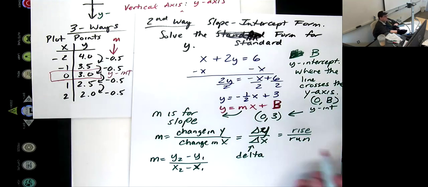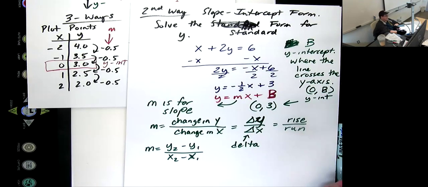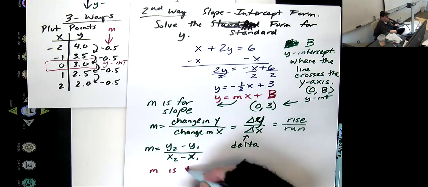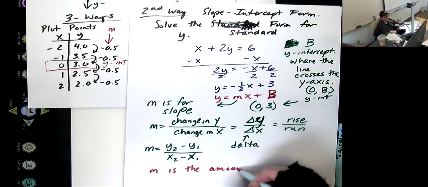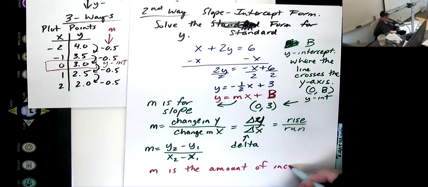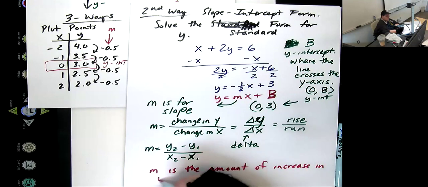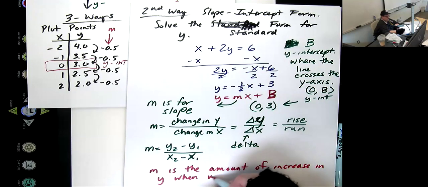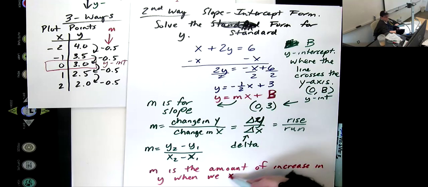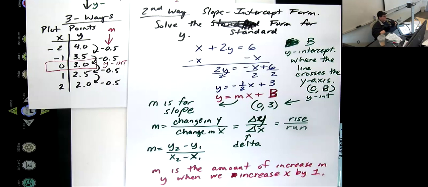Another way of looking at m, which is commonly described in statistics but is really fantastic for understanding what it means: m is the amount of increase in y when we increase x by 1. And we see that here. Every time x went up 1, we went down 1/2.